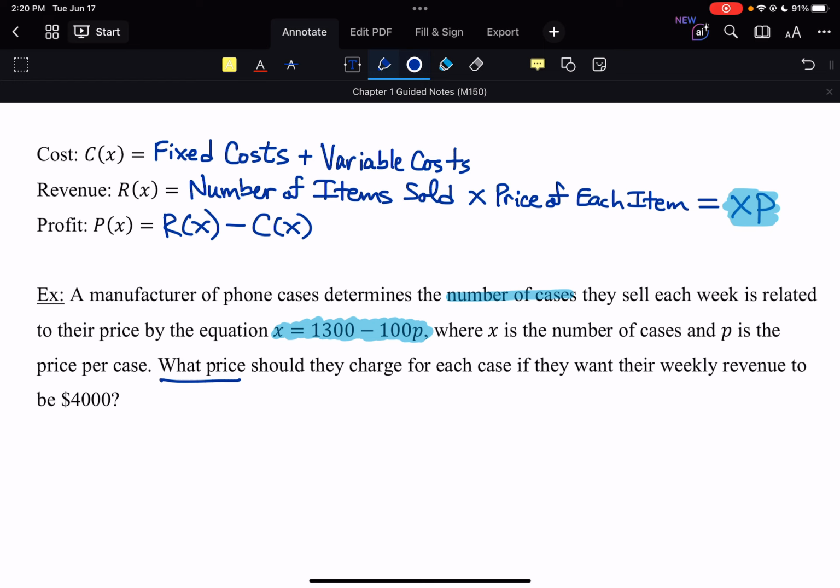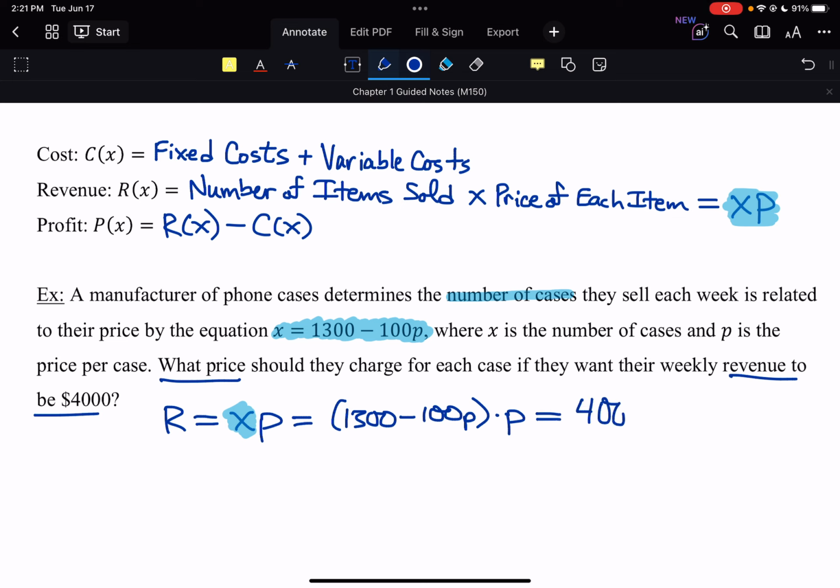So we're actually going to substitute this formula into our revenue function. So this is going to be 1,300 minus 100p times p. And they want their revenue to be $4,000, so we're going to go ahead and set that equal to 4,000.